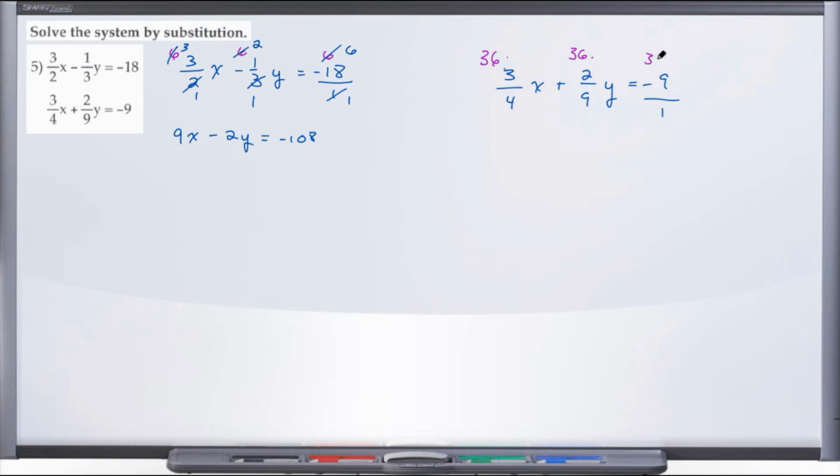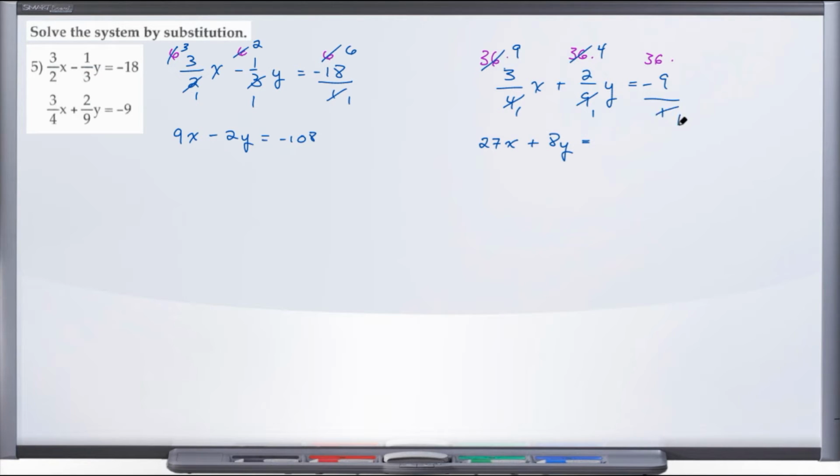So we're going to multiply each term in the equation by our common denominator and do the same thing. So 4 goes into 4 one time, 4 goes into 36 9 times, and so we're left with 3x times 9 gives us 27x. And then 9 goes into 9 once, 9 goes into 36 4 times, and so we're left with positive 2y times 4 equals plus 8y.